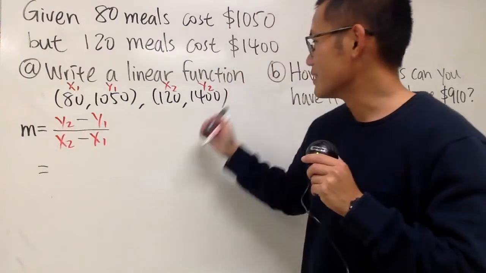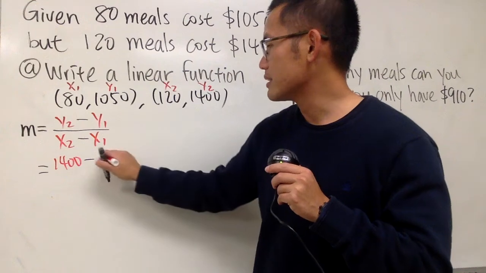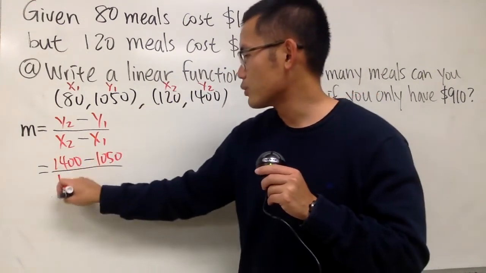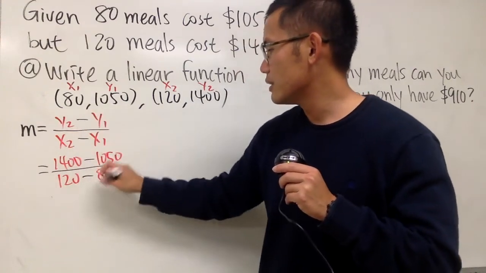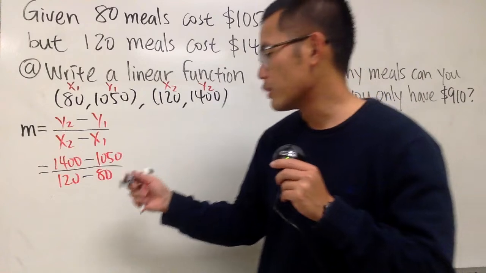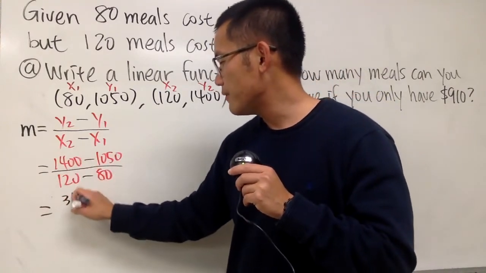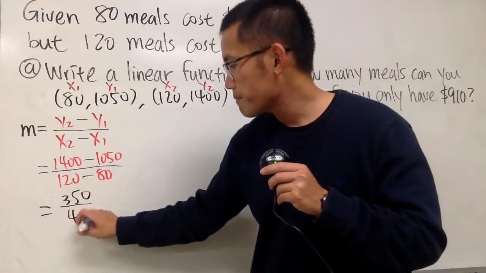Here, y2 is 1400 minus y1 is 1050. And then this right here is 120 for the x2, and then minus x1 is 80, right? And then of course, just go ahead and work that out. On the top, when you do this minus that, we get 350. On the bottom, when we work this out, we get 40.